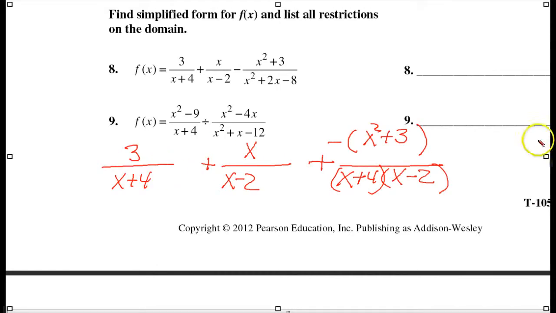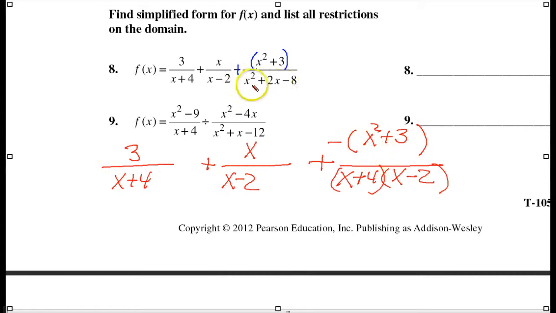So it doesn't get too complicated. I've just rewritten this down here. So this is that, this is that. Now notice what I did here. I changed this sign to positive. And I put the negative up here. That's just for strategy.